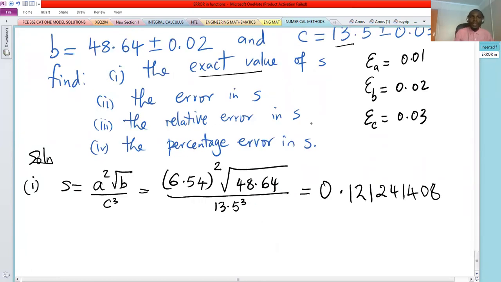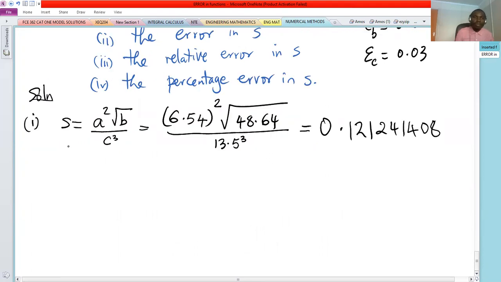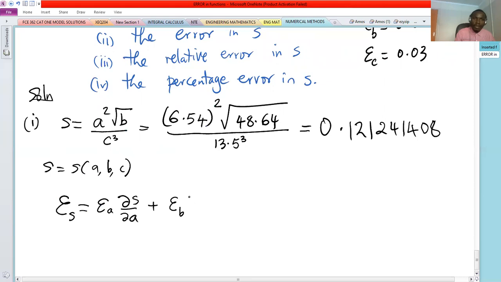Now the second part is to find the error in S. Now here, note that S is a function of three variables, A, B, and C. So therefore, if you remember the previous presentation, the error in S will be given by error in A times partial S partial A plus error in B times partial S partial B plus error in C times partial S partial C. And in case any of these terms we have negative values, then you take the absolute value of that term.